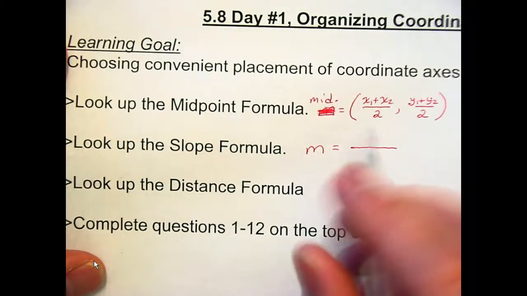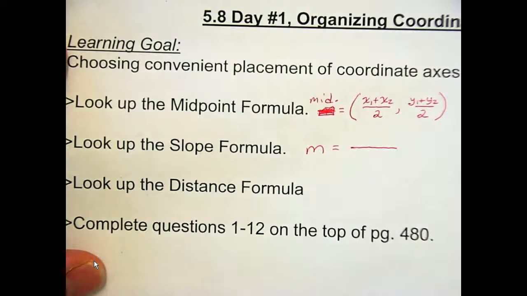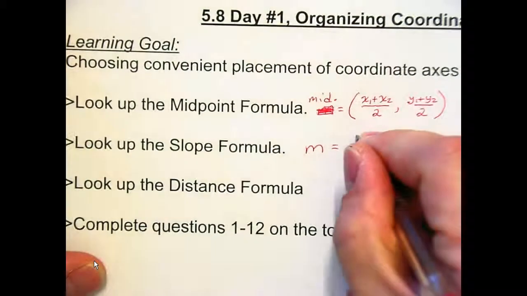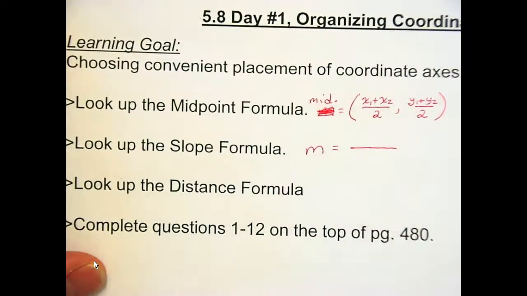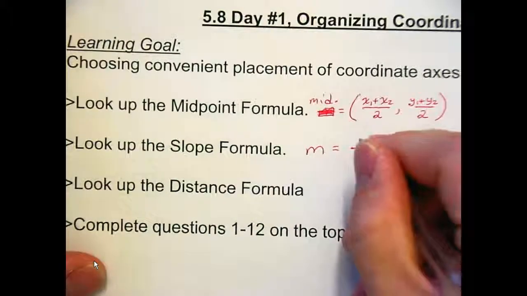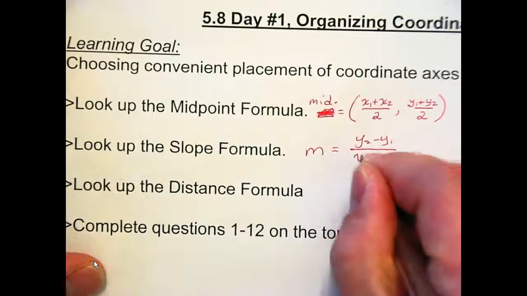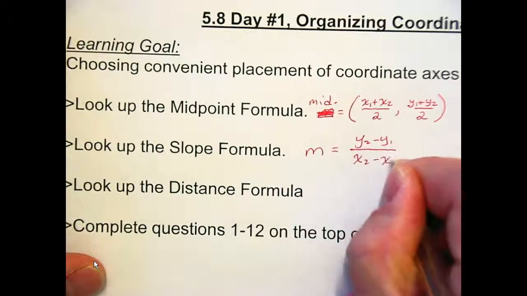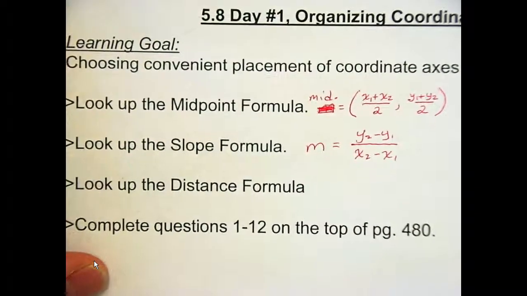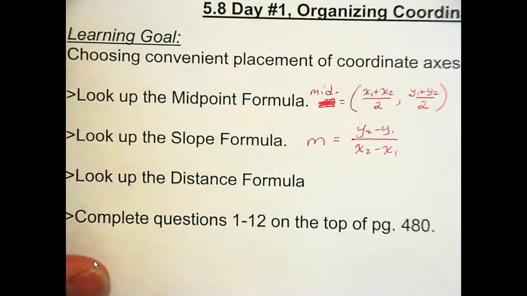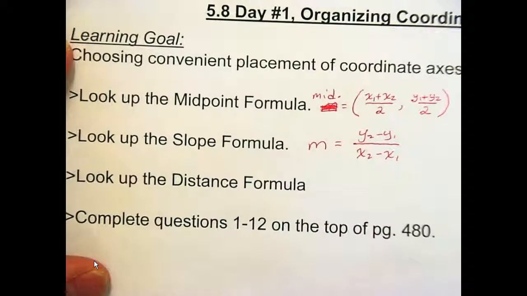Rise over run. Maddie? We have y minus y over x minus x. All right, it's the difference in your y values over the difference in your x values. Okay, so we rise over run.